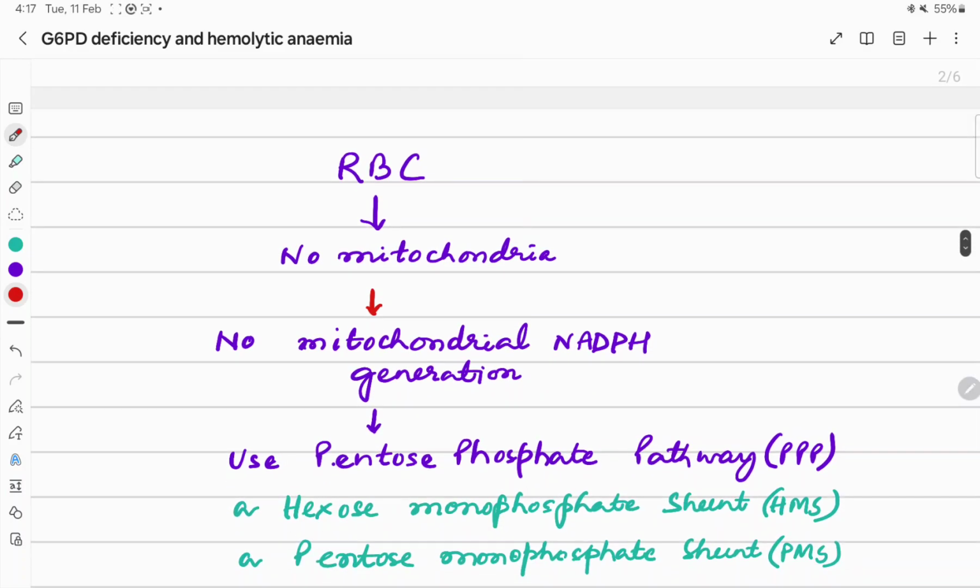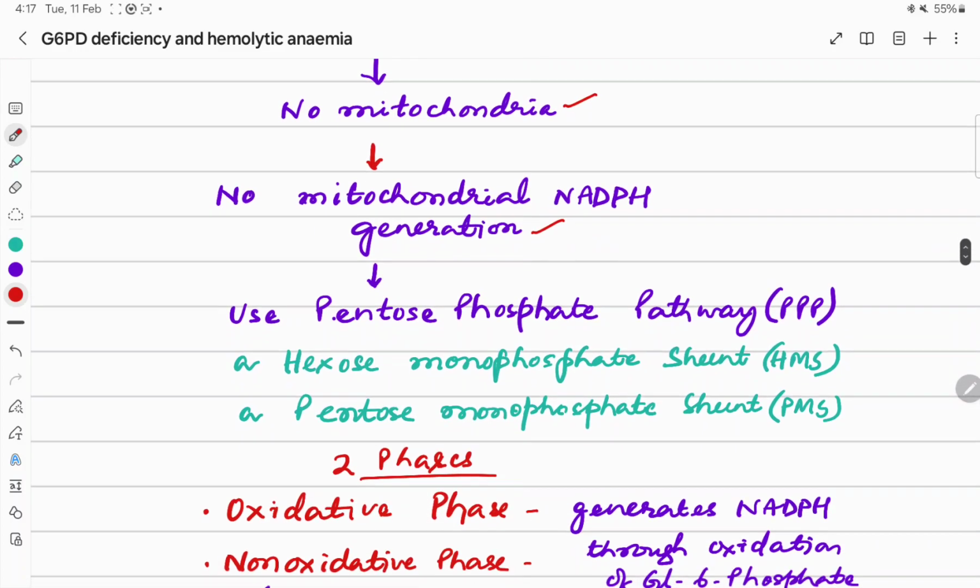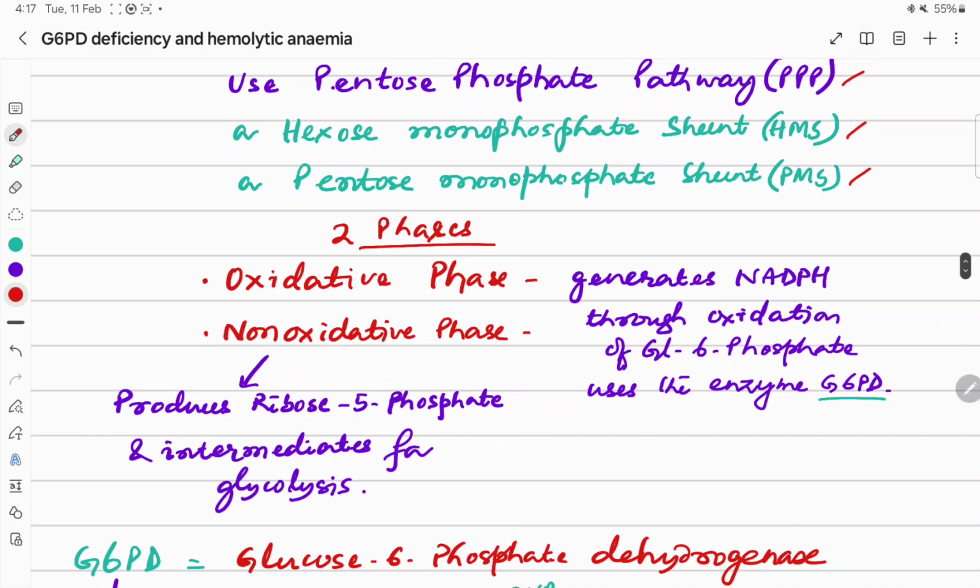In red blood cells, RBC, there is no mitochondria. So there is no mitochondrial NADPH generation. So in RBC, there is use of pentose phosphate pathway or hexose monophosphate shunt or pentose monophosphate shunt. These three are same. So the pentose phosphate pathway is used to generate NADPH.